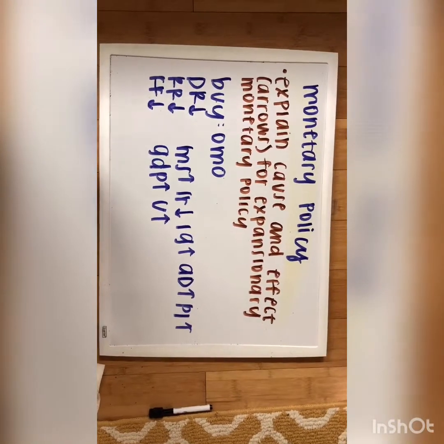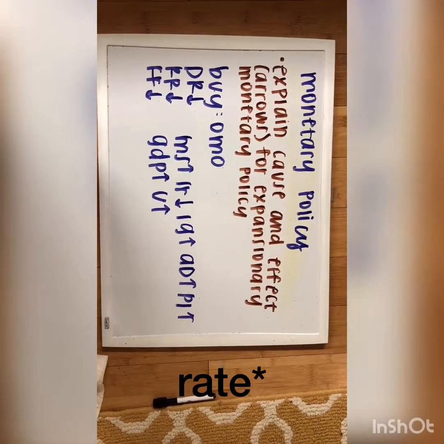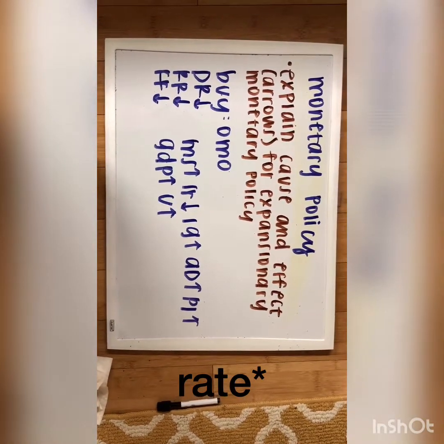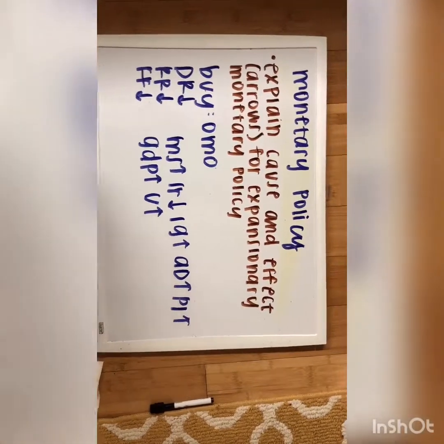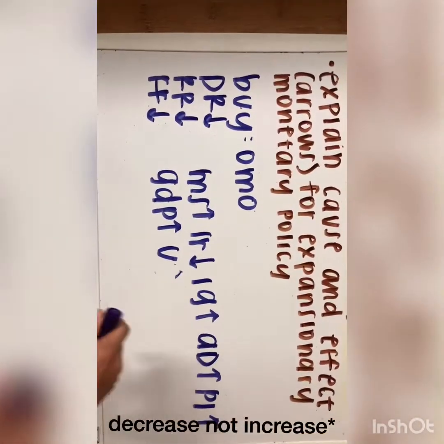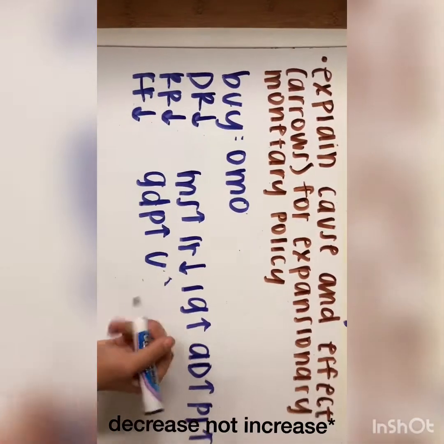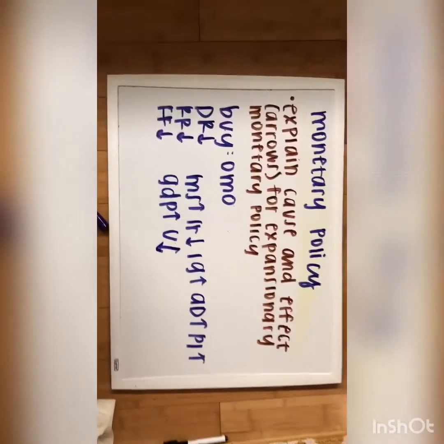Say if you decrease the discount rate, then it would increase the money supply, decrease interest rates, increase government spending, aggregate demand, price level, and GDP, and decrease unemployment.